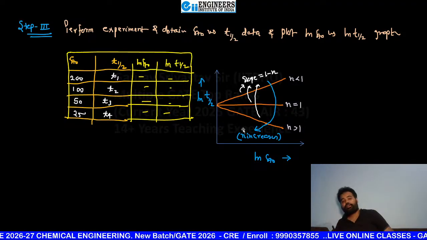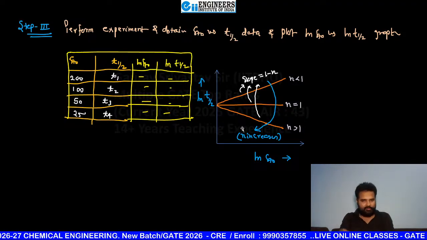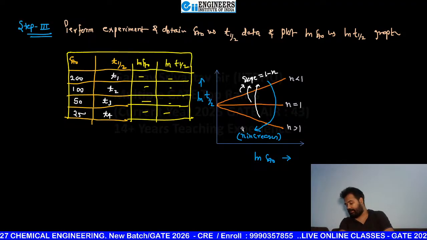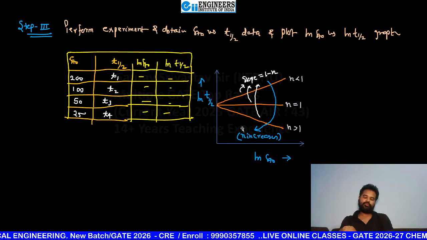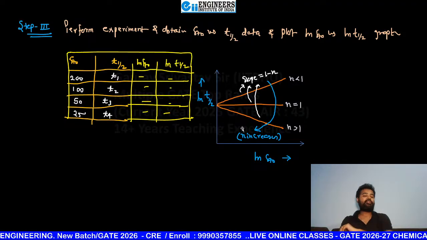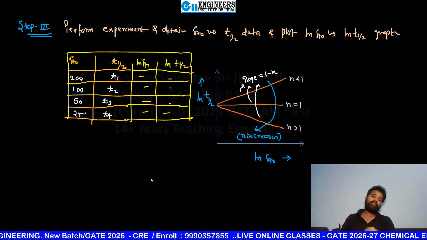Okay, so I'm giving you a 1 minute revision break, just revise it, and then tell me if all three methods are crystal clear, then I will move forward. Just revise method 1, method 2, method 3. Then I will proceed.